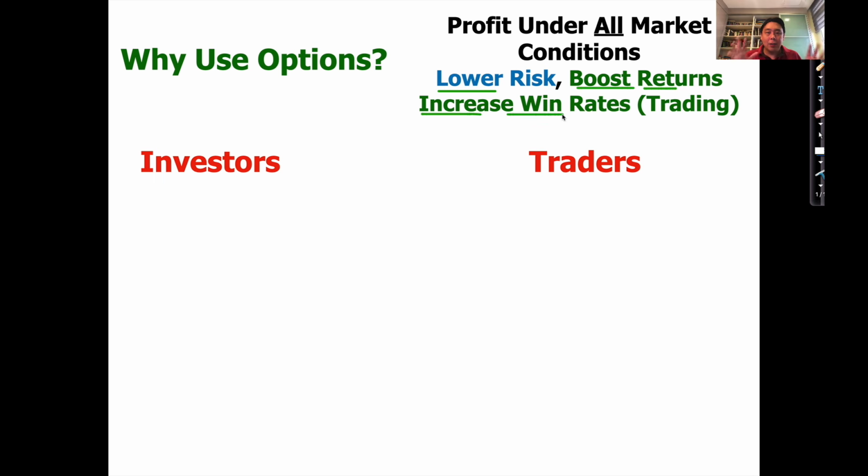So in this options course and the advanced course, we'll be covering all the different ways you can use options. So as an investor, there are basically three main uses of options. The first is we use options to sell covered calls against the stock that we own in order to earn additional monthly income of anywhere between 2% to 3% a month.